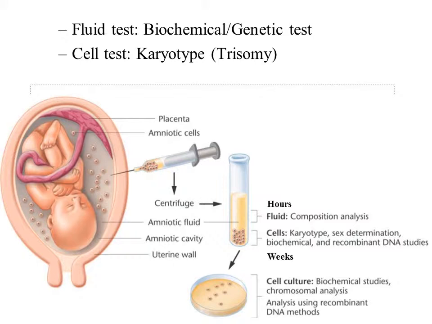What you're trying to do is see if you have any abnormal count, if you have 3 chromosomes or just 1. Remember, you're supposed to have 2 of every pair. You have 23 pairs of chromosomes in a human. You should have 2 of each. If you have 1, then something's wrong with that embryo. If you have 3, then there's something wrong with the embryo. Then you can act accordingly.